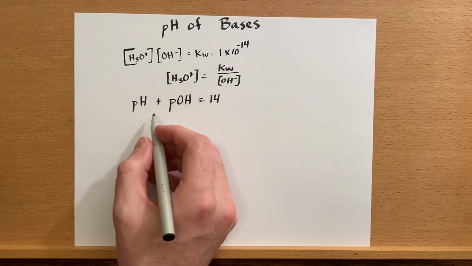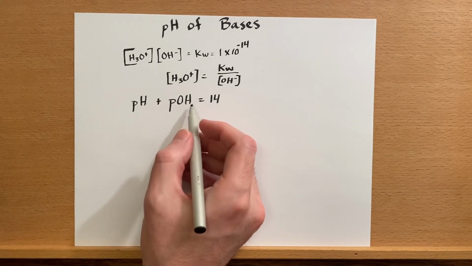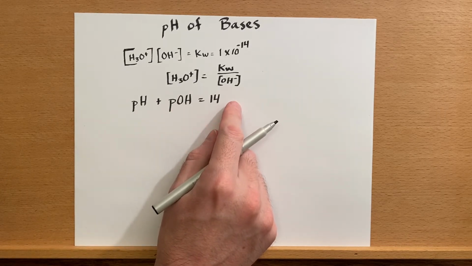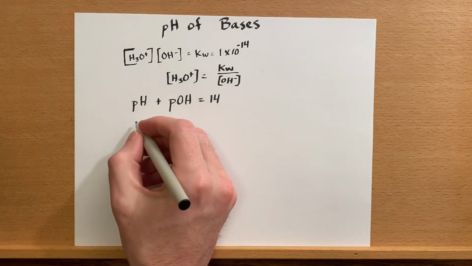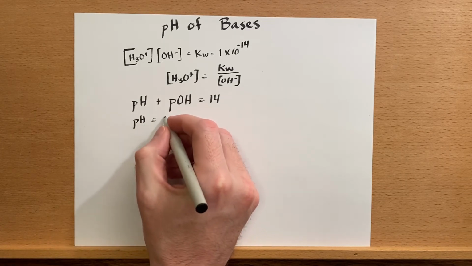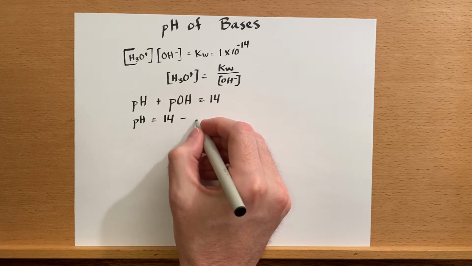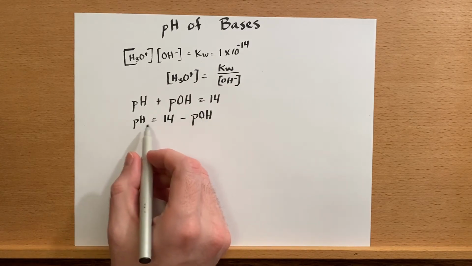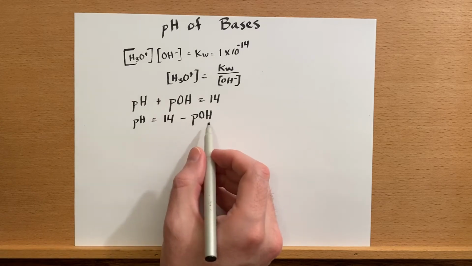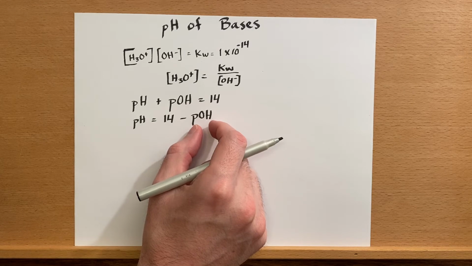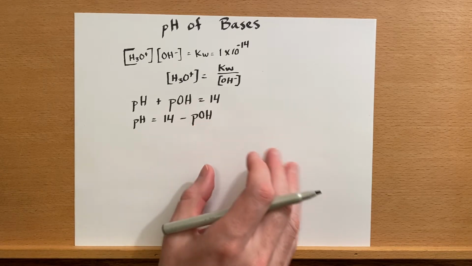Now, let's start manipulating this just a little bit. Let's move this pOH over to the other side to isolate pH. So if we do that, we have pH equals 14 minus pOH. Now, let's expand what pOH actually is just a little bit.